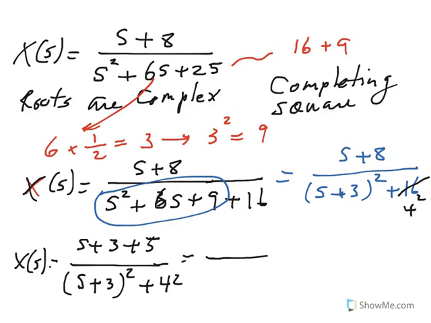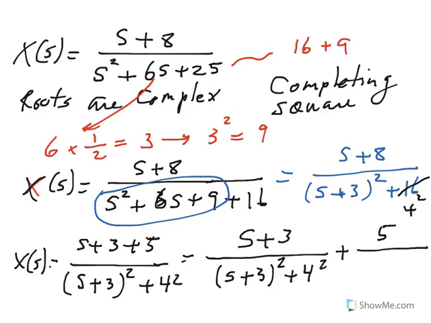So then this becomes 1 times s plus 3 divided by this denominator, and then I have a 5 here over s plus 3 squared plus 4 squared. So basically I broke it into 2 terms.